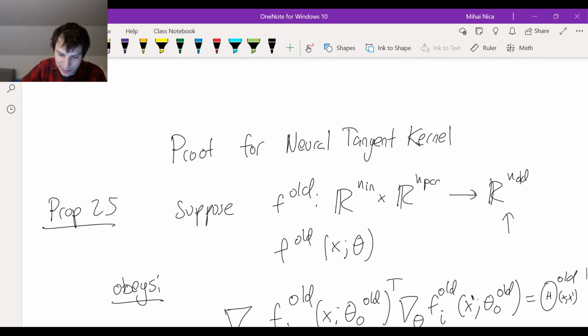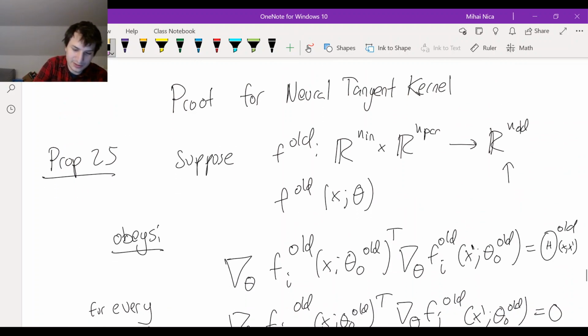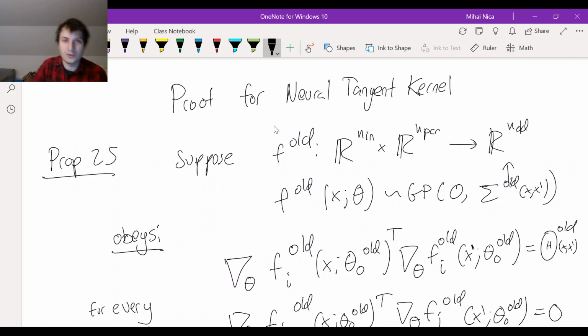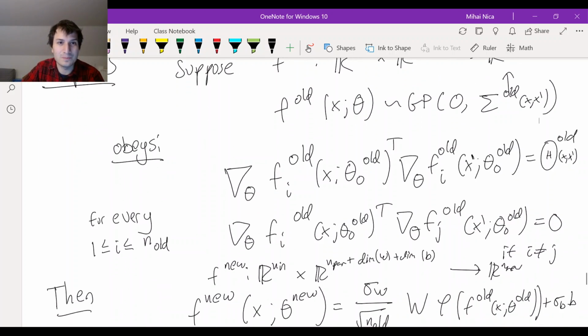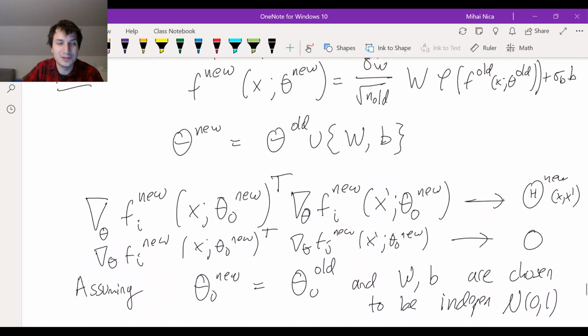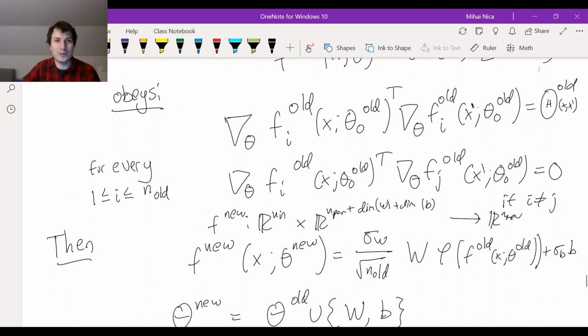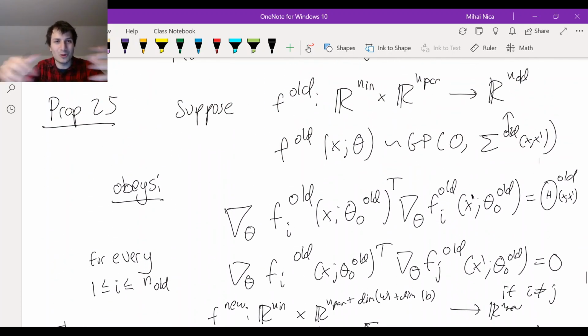Yeah, so we're assuming f_old is also a GP, mean 0, and covariance sigma old. Okay, so basically this neural tangent kernel, the exact statement is like a superset of what we proved before. So it's what we had before, but with more stuff tacked on.